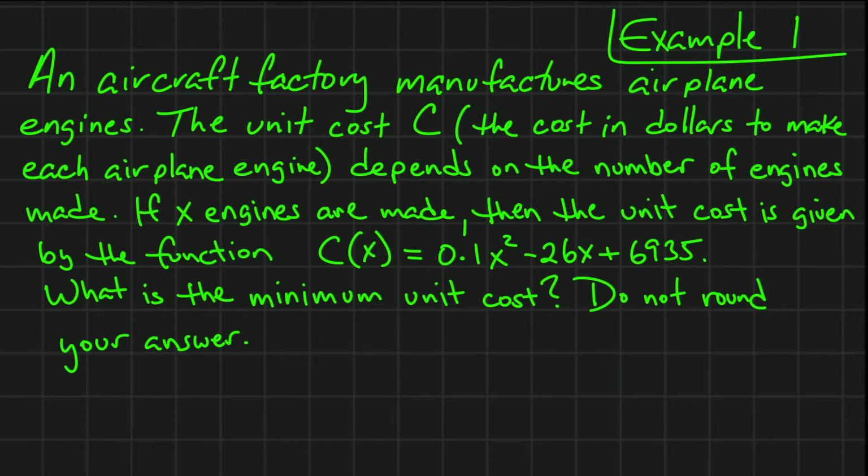Don't round your answer. So we have C of x is equal to 0.1x squared minus 26x plus 6,935.